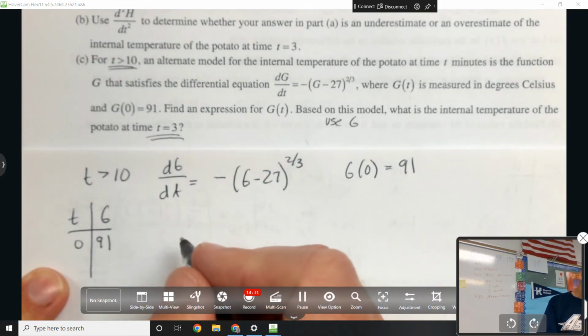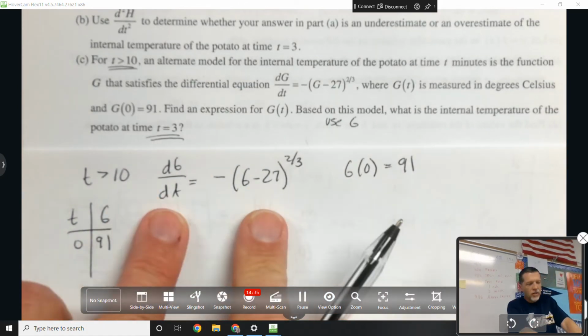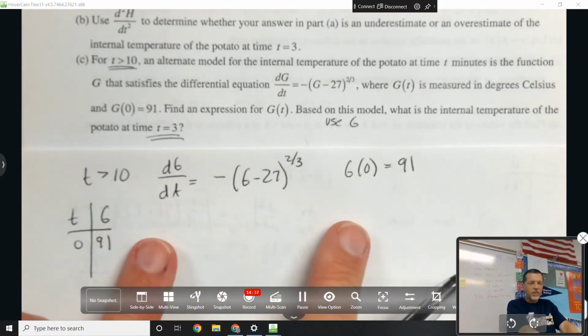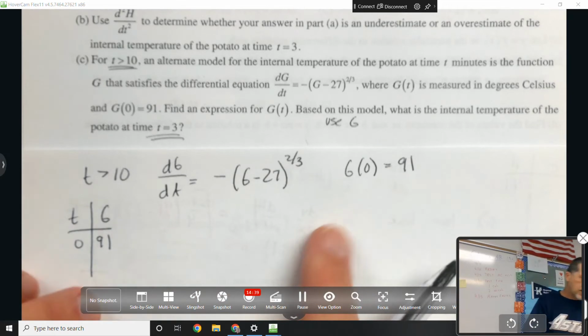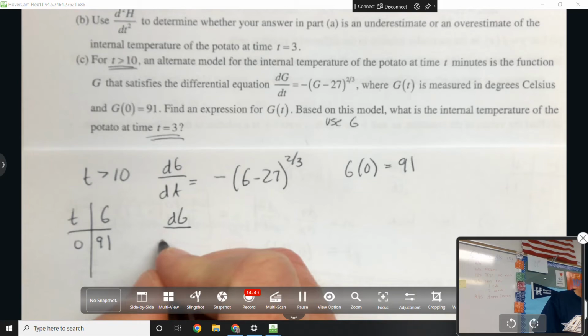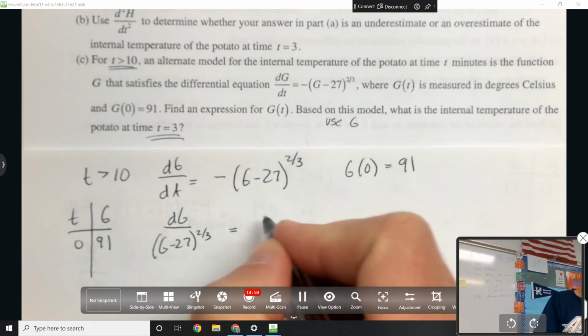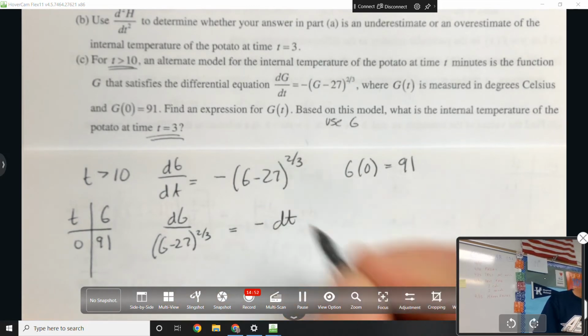Let's see. So I need to separate those variables, get all the G's on one side, all the T's on the other side. So dG over G minus 27 to the 2/3 equals negative dt.